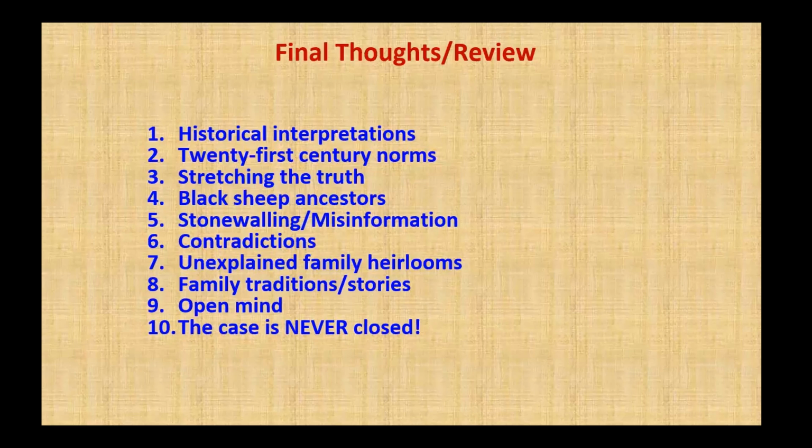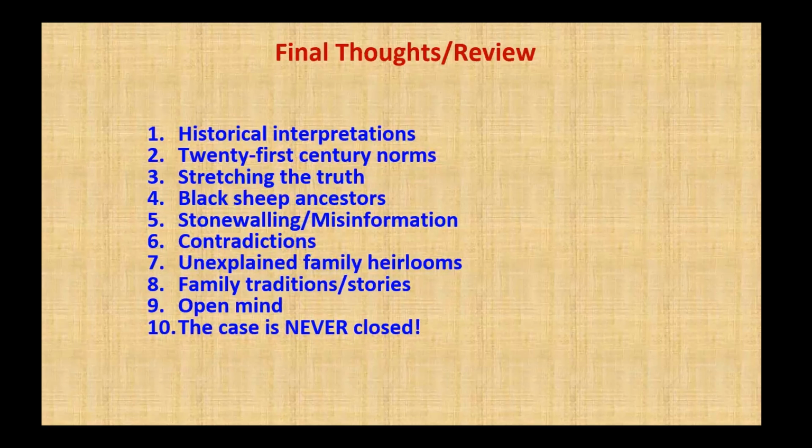If any of you are interested in both of those, you can let me know. But one of the things you need to remember about the black sheep, sometimes it's the black sheep that are telling the truth, and the family has engaged in, let's just say, creative history.